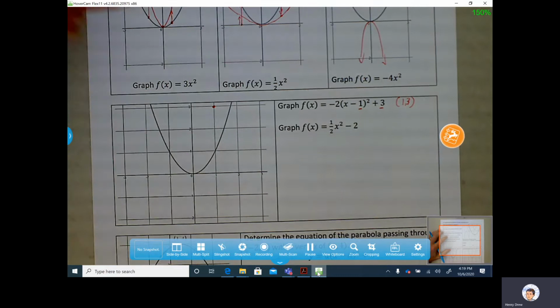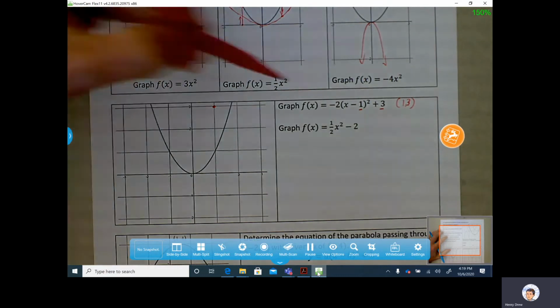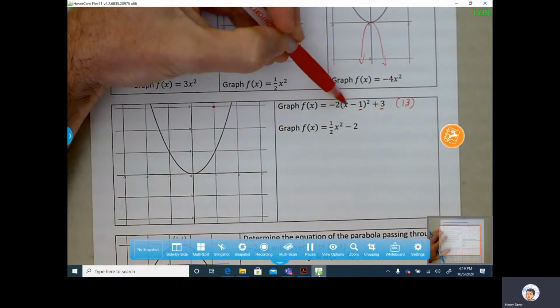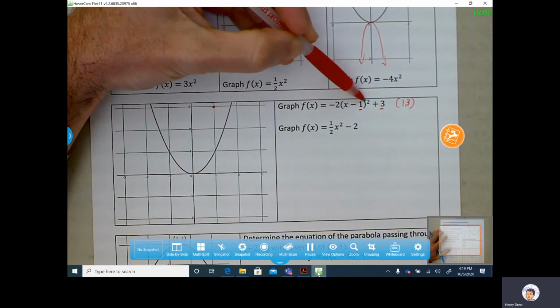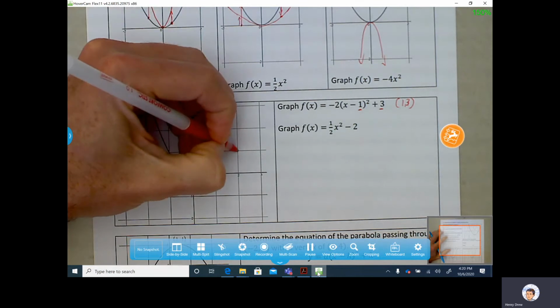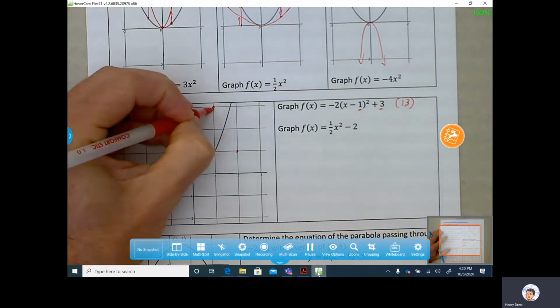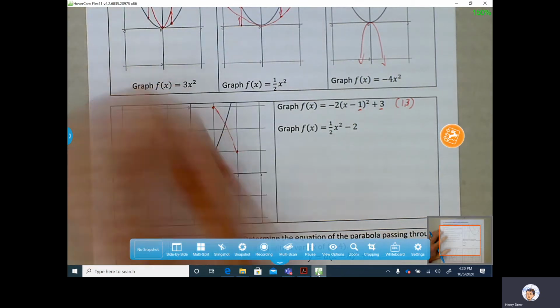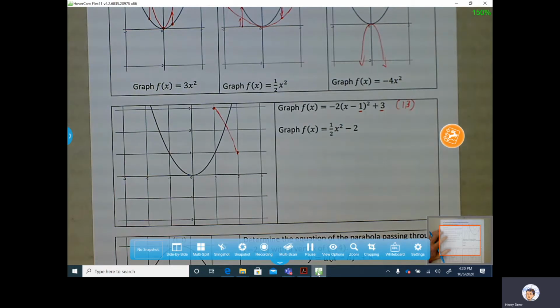And I can plug in something very close, like let's plug in the value of 2. 2 minus 1 is 1. 1 squared is 1. 1 times negative 2 is negative 2. And negative 2 plus 3 is 1. So I should be coming down like this for my first graph.